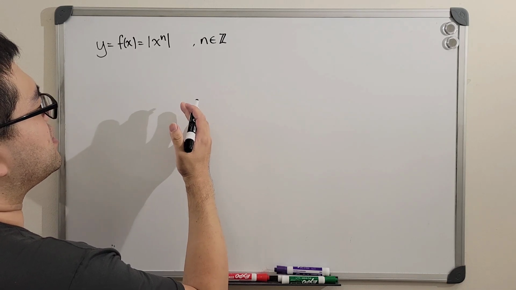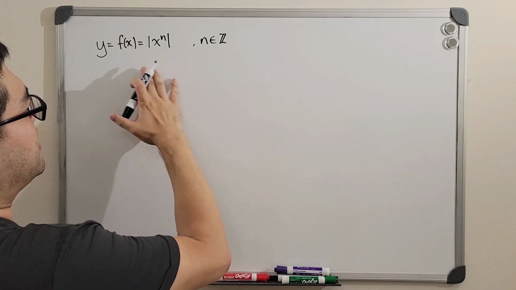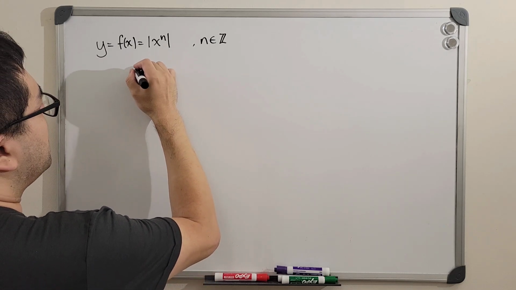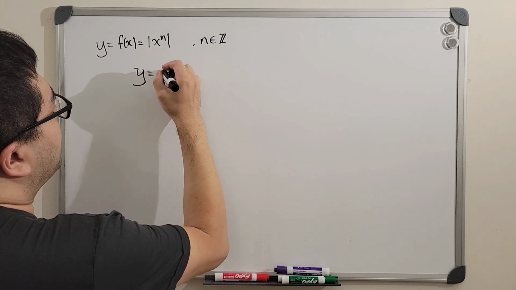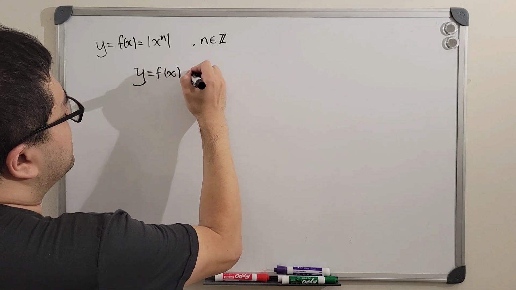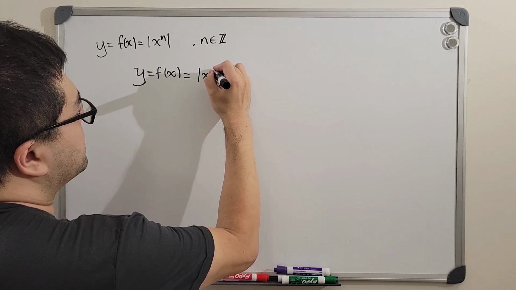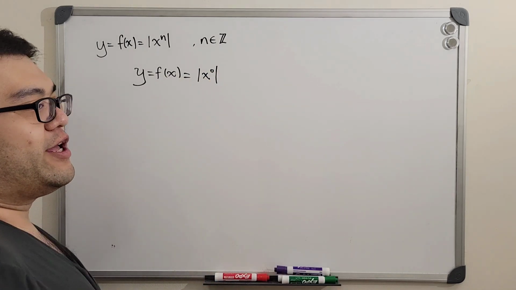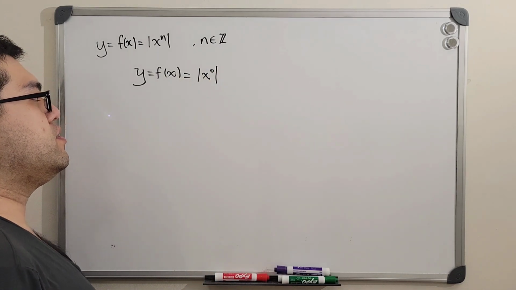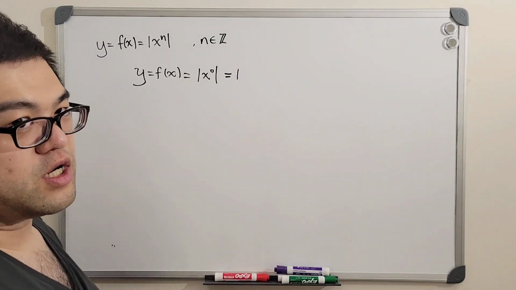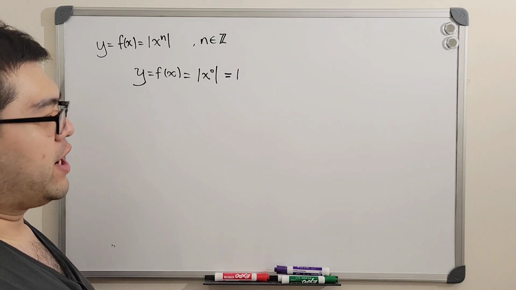If we try to make it a specific case such that n is equal to 0, we will actually have the case that y or f of x is equal to absolute value of x to the 0 power. Well, if x is not equal to 0, we will just have the constant 1, which actually gives us the constant function for x not equal to 0.